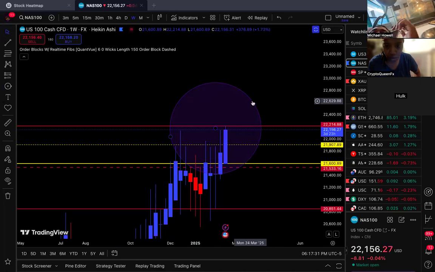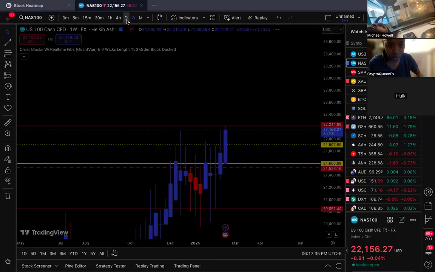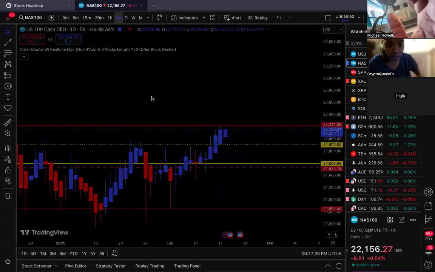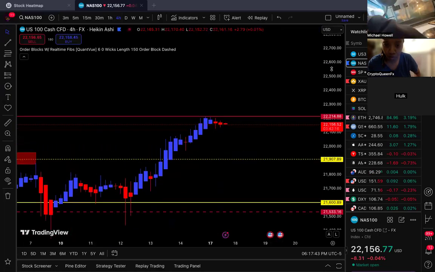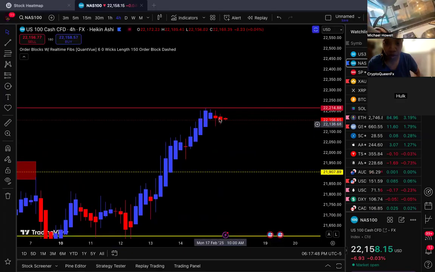So I don't know. It's already showing rejections on the 4 hour. But this is not clear price action. When you see it wicking like this, that's not clear price action.